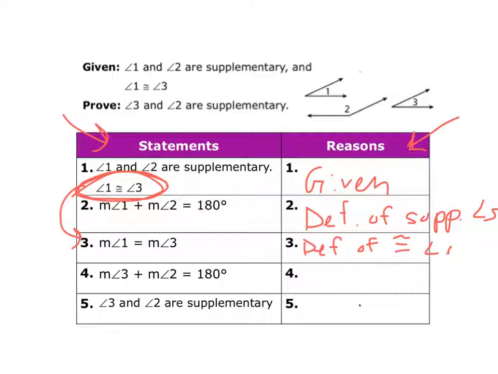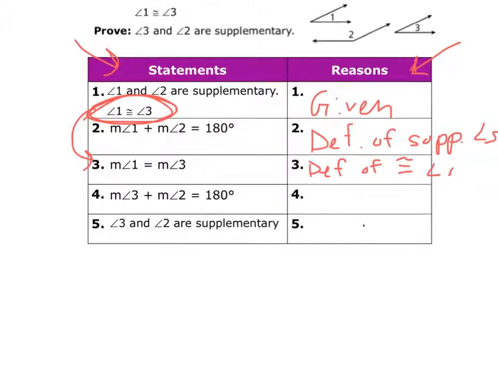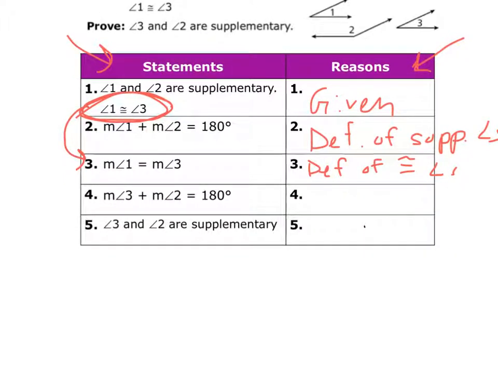Now let's look at step 4. The measure of angle 3 plus the measure of angle 2 is equal to 180. Is there anything we can deduce from step 2 and step 3 to get to step 4?